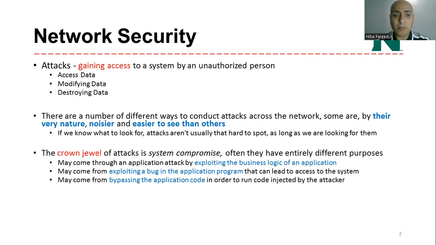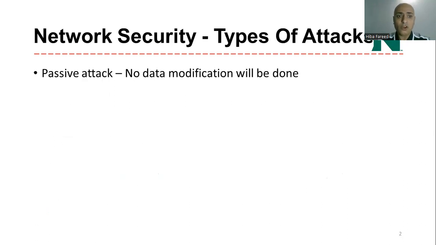This weak point comes from exploiting some business logic in our application, or some bugs in our application, or by passing false code or false things to forbid us from using what we need to use it for.